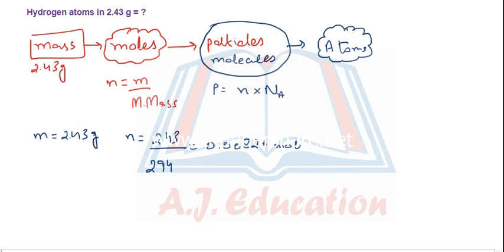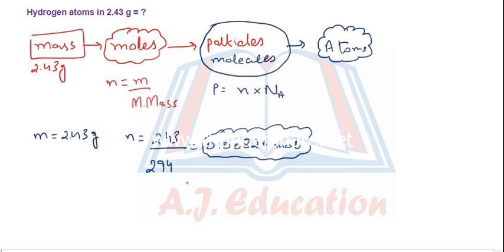Whenever you are writing mole as unit, you do not need to write down the last e. Just have to write mol. These are the number of moles present in 2.43 grams of aspartame.